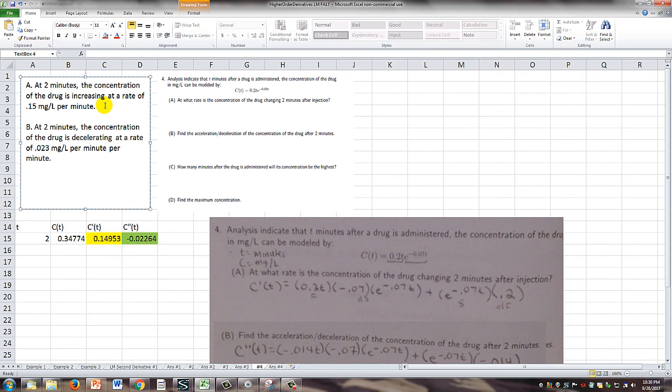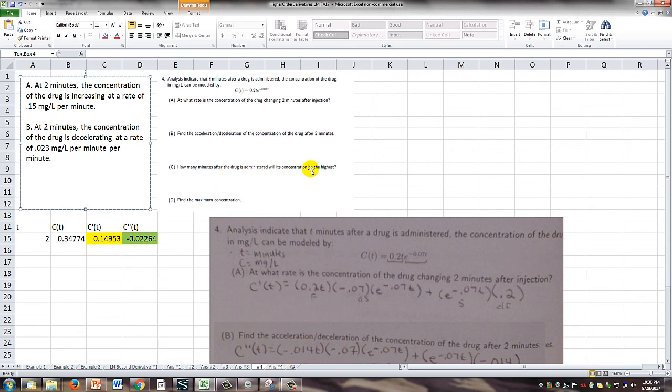Then question C says, how many minutes after the drug is administered will its concentration be the highest? So this is asking you to find the maximum. We want to know how many minutes after the drug is administered you get your maximum, and then D is what is the maximum.